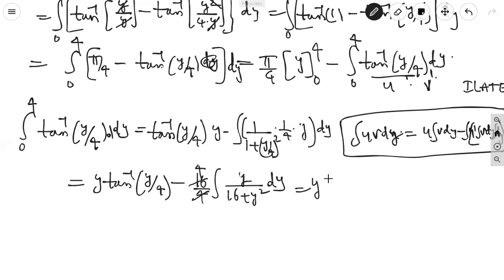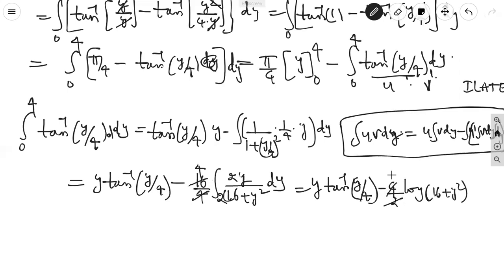It is equal to y tan inverse y by 4 minus 4. Now here we can multiply with 2 and divide with 2. 16 plus y square, that is f dash of y by f of y dy, which is log of 16 plus y square.